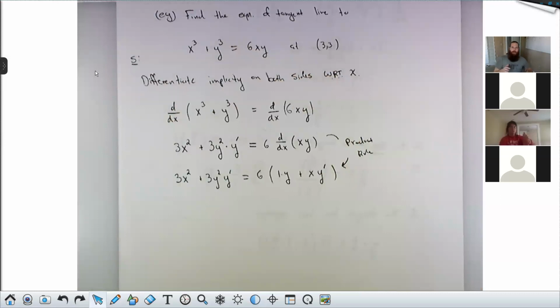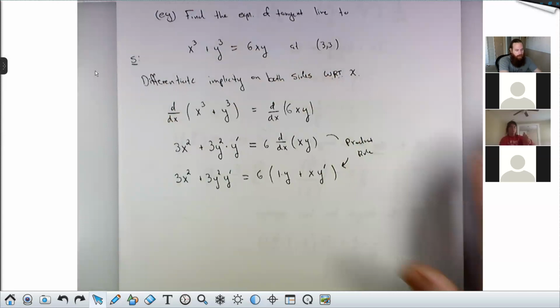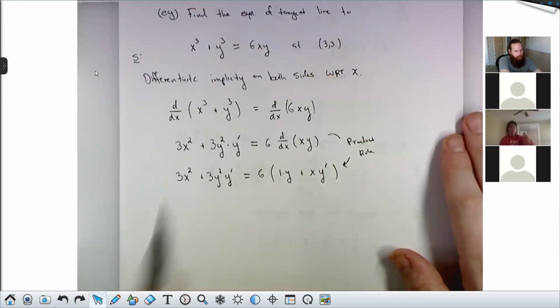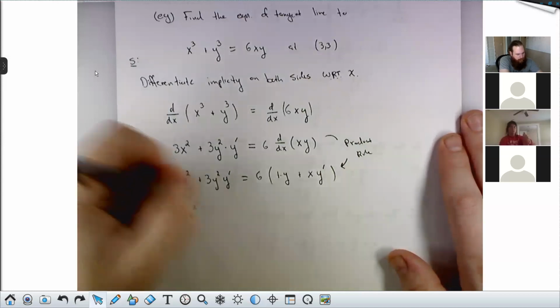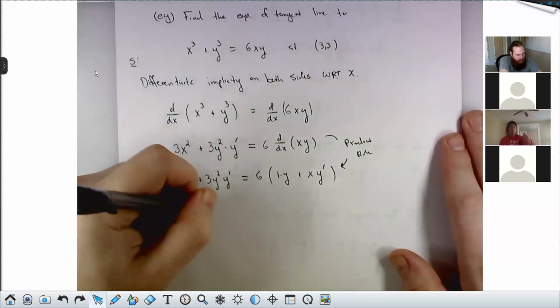Now I have an algebraic equation that I can try to solve for y prime. I've got a y prime here and a y prime here. First, let me just distribute that 6 back.